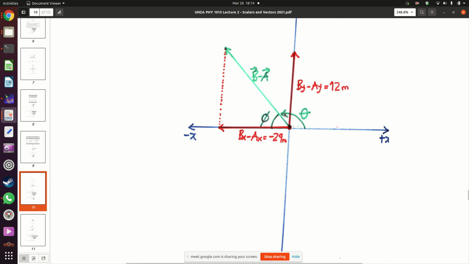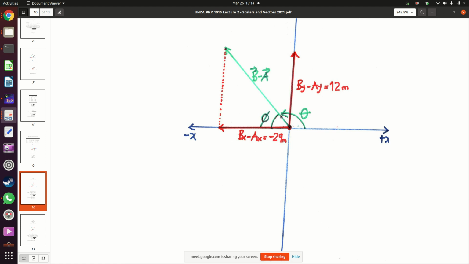Your theta from here, from the positive x-axis, is 157.7 degrees. By using this phi inside the triangle here, you work out the phi inside the triangle, and you add it to 180 degrees, but the phi is negative because you're measuring from the negative x-axis going in a clockwise direction.